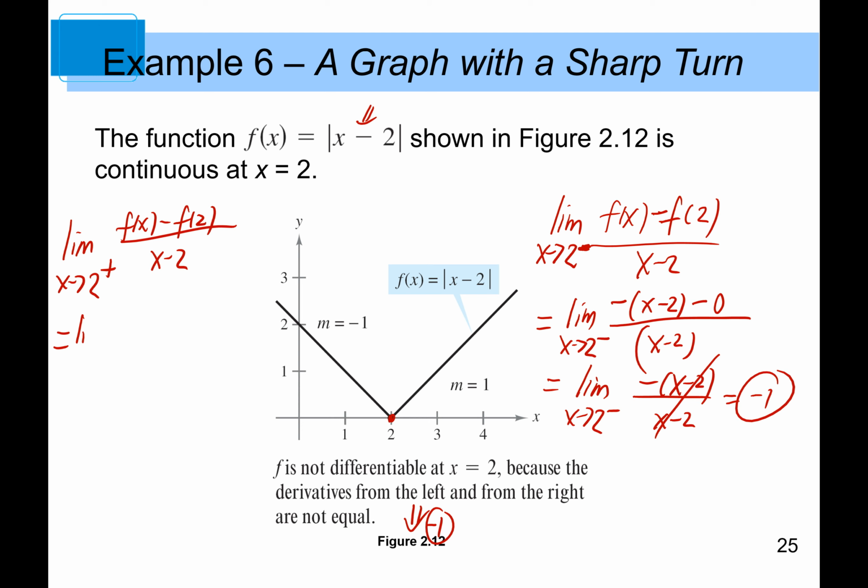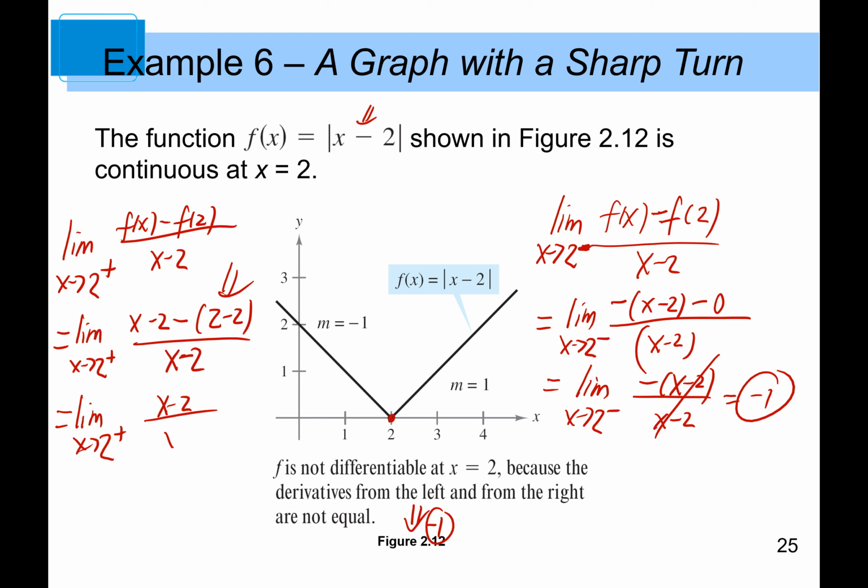So we have the limit as x approaches 2 plus of x minus 2 minus f of 2, which is 0, over x minus 2. We cancel that and end up with 1. So from the right, the derivative is 1. The derivative from the left is not equal to the derivative from the right, so it's not differentiable.